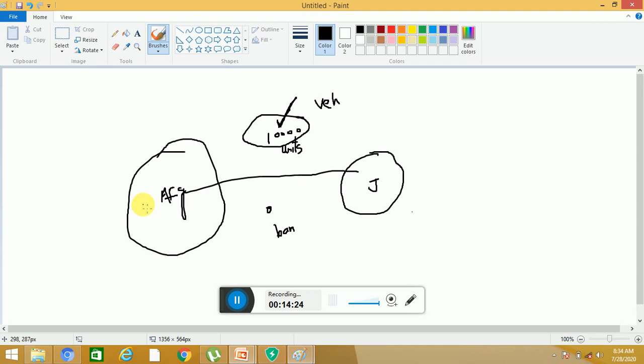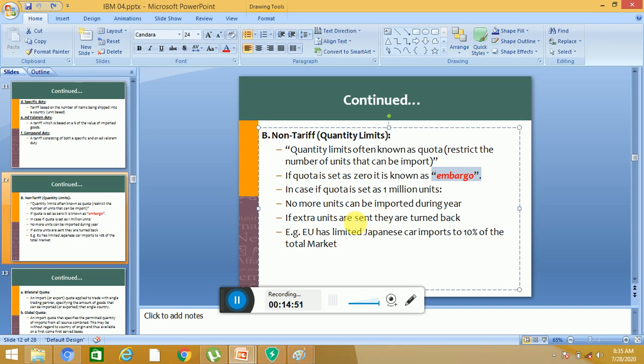That you can export only 10,000 vehicles, not more than that. And sometimes a government is completely banning the import of such goods. So that is called embargo, or we call it ban. In case the quota is set as 1 million units, no more units can be imported during this year.